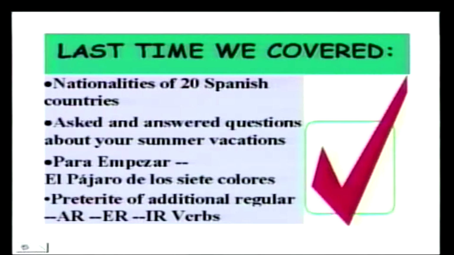Last time we were discussing nationalities, the 20 different countries that have Spanish as their number one language, and we reviewed the capitals as well as the geographic location. We asked and answered questions about our past summer vacations.